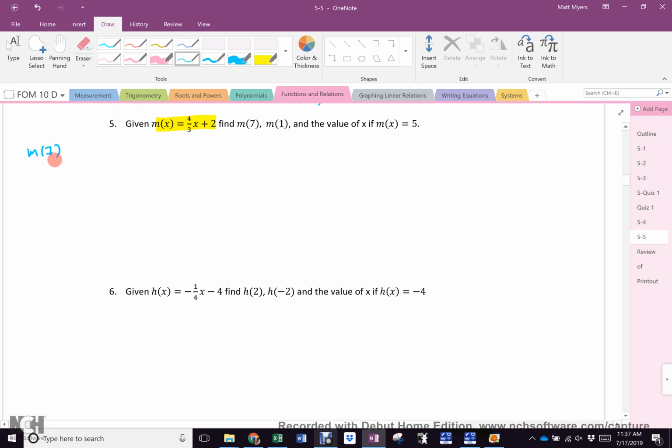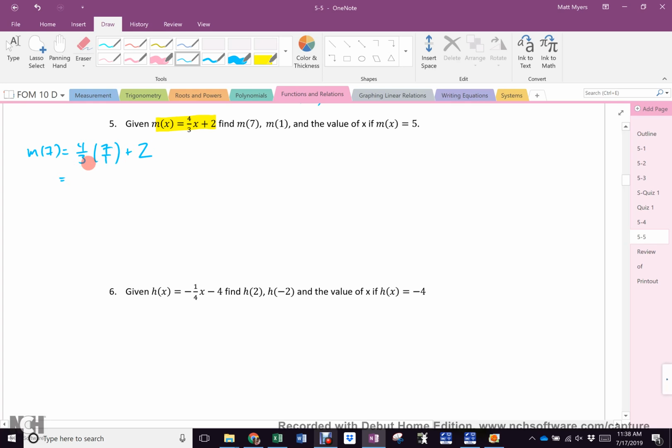And then I'm going to write 4/3, and then what am I going to write here instead of x? 7 over 1 to make it easier, plus 2. What is 7 over 1? Or 4/3 times 7 over 1? 28 over 3, yes? Which is 9 1/3, right?